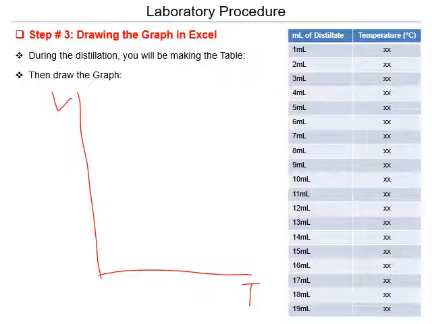As the temperature is increasing, the volume of the distillate will remain essentially the same until it hits a specific boiling point for methanol, right? So it'll be steady, and then it'll rise, and then it'll stop again. Say this is methanol, right?